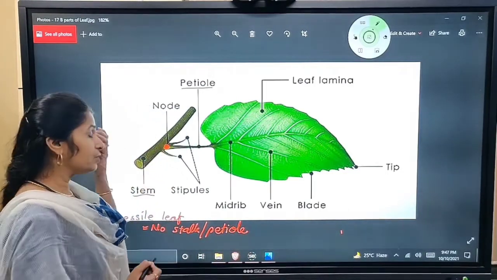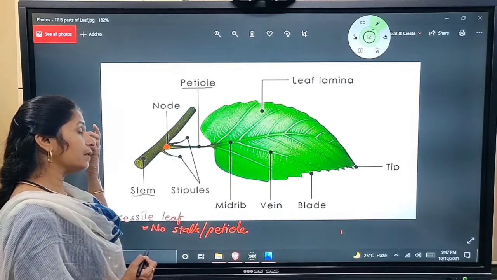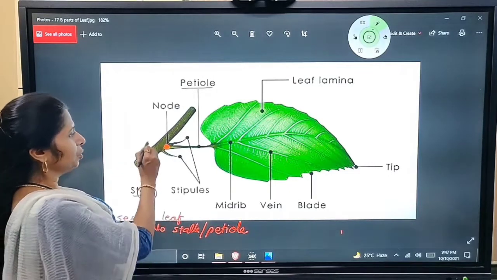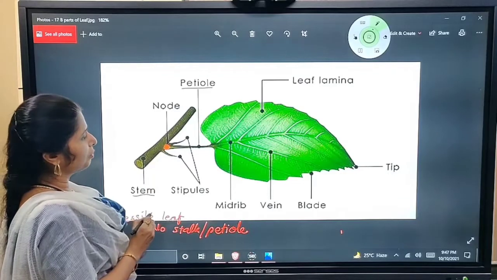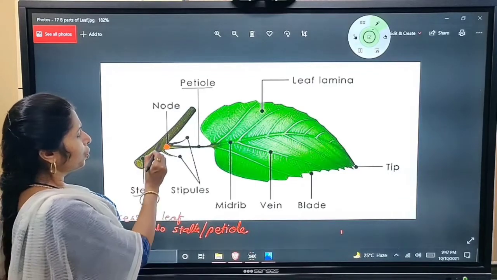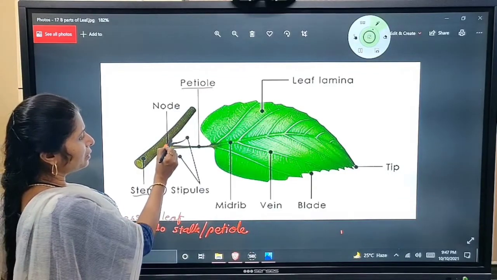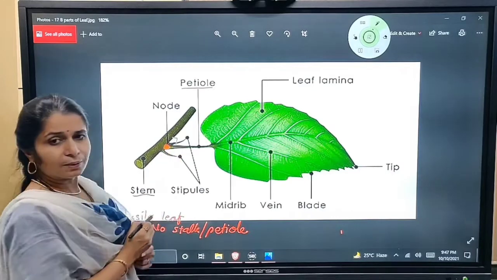If the leaf is without a stalk, then it is a sessile leaf. So: stem, node, then the stalk of the leaf, petiole. Then you know the angle between stem and the leaf is axil.